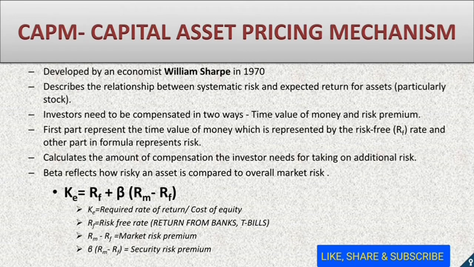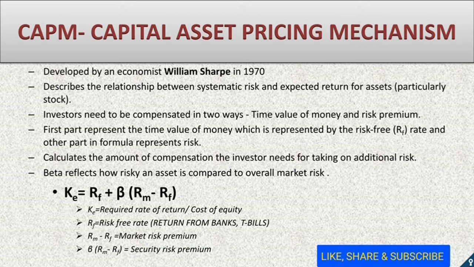This theory was developed by the renowned economist William Sharpe in 1970. This model describes the relationship between the systematic risk and the expected returns when you are investing in a particular stock. So, investors should be compensated in two ways. One is time value of money and another is risk premium.